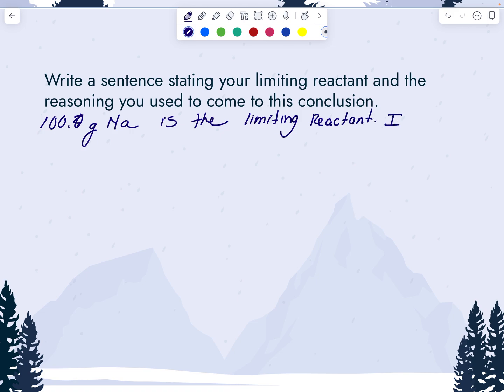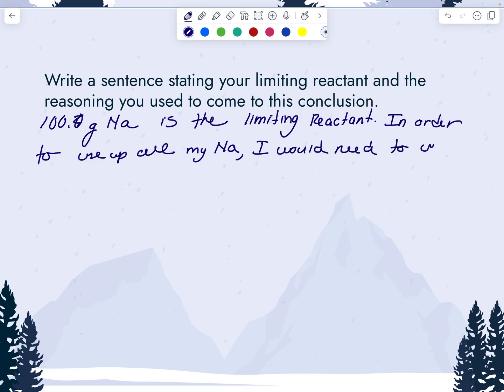And then I say, in order to use up all of reactant 1, in order to use up all my sodium, I would need to use 2.17 moles of fluorine.